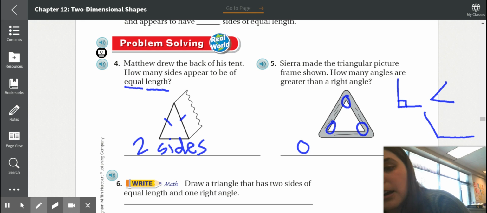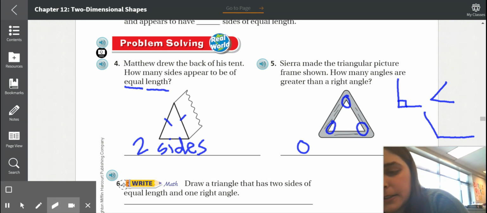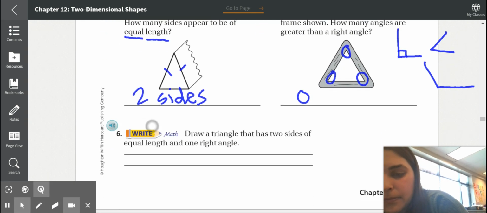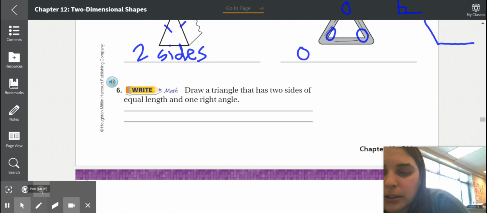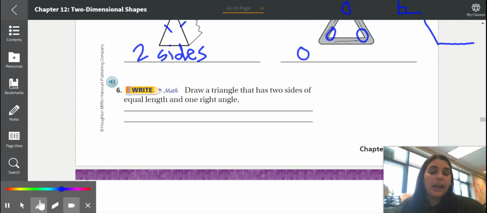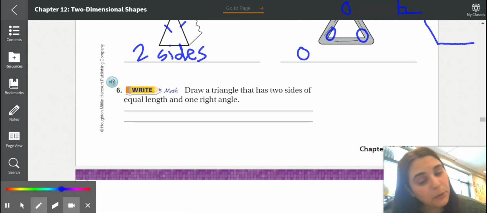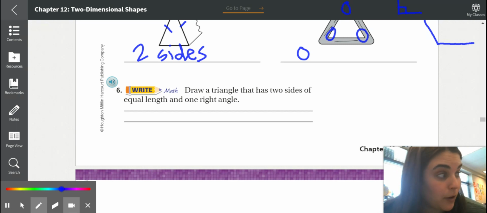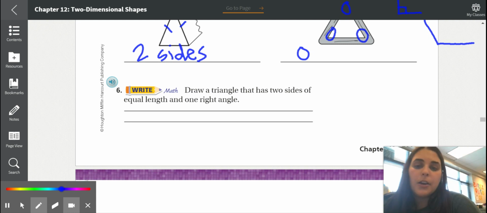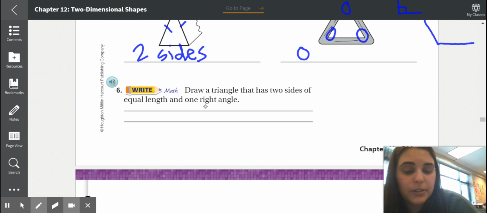Okay. I do want you to do number 6. Draw a triangle that has 2 sides of equal length and one right angle. You have a ruler in your math book that I gave you, and you can use that to do this activity. So you should be drawing a triangle that has 2 sides of equal length.